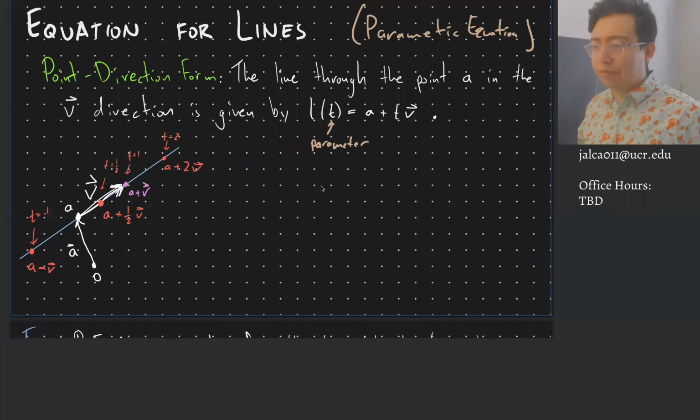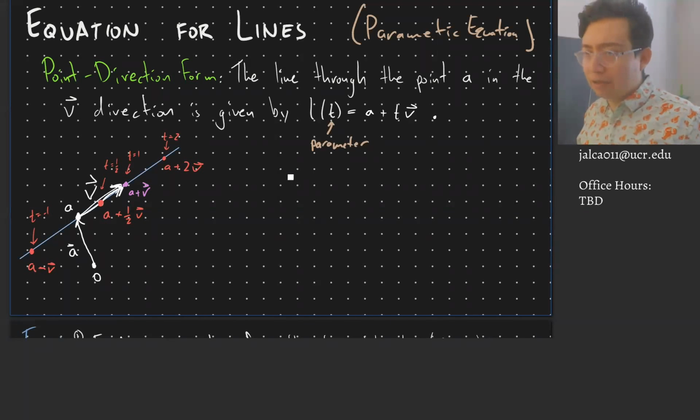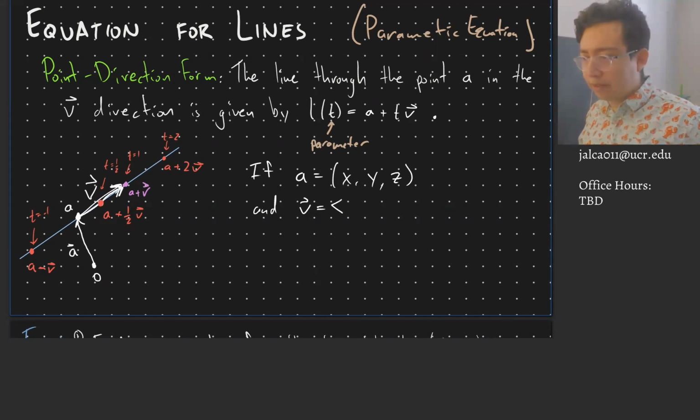So for example, if A equals XYZ, and V is some vector, let's say V1, V2, V3.